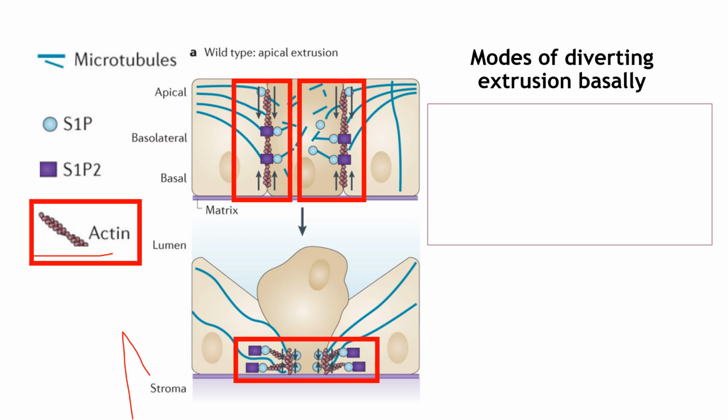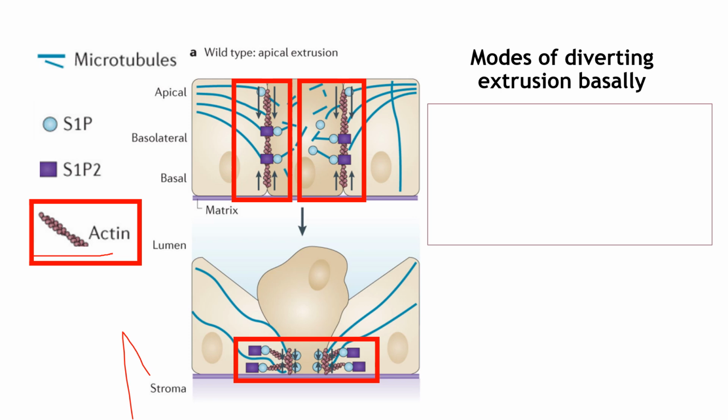Then it got restricted in that area. And how did this happen? Later we need to think about the potential molecules that are affecting actin to do this kind of thing, and generally those are GTPases, which are again molecular switches that do all those things.